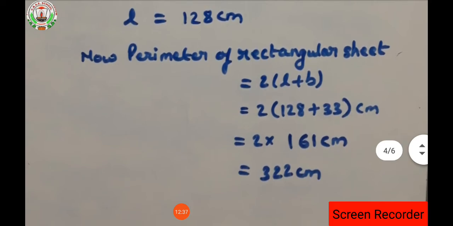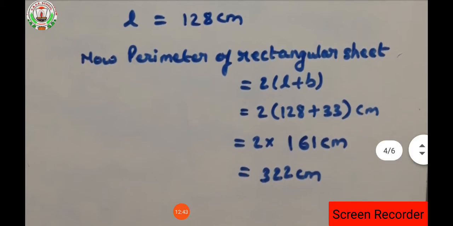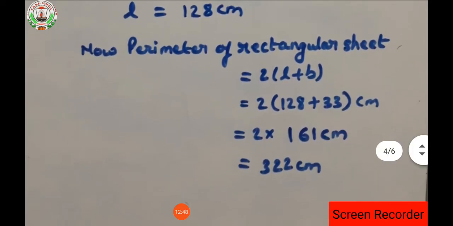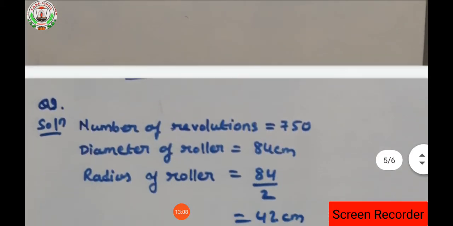So with that we found the length of the rectangle, that is 128 centimeter. Now the perimeter of the rectangle is 2 into (L plus B), where L is 128 and B is 33. So 128 plus 33 will be 161, into 2, that means the perimeter of the rectangular sheet will be 322 centimeter. Clear?